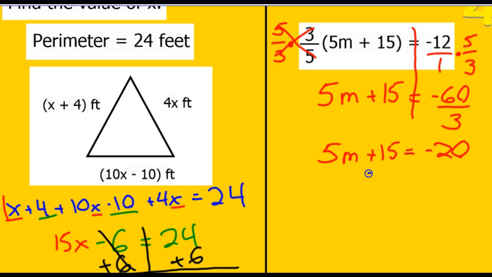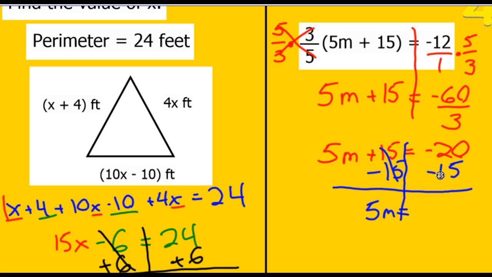Now I see an addition problem that I can undo by subtracting. So we have 5m equals negative 20 minus 15 gives us a negative 35. Divide by 5. We get m equals negative 7.